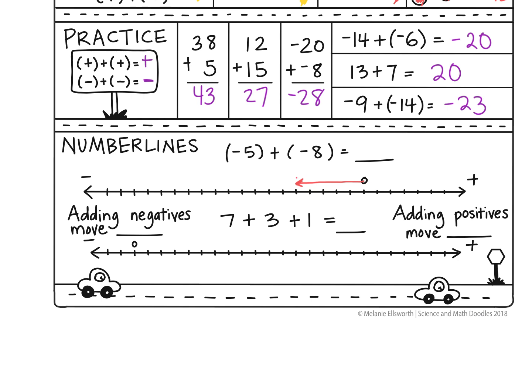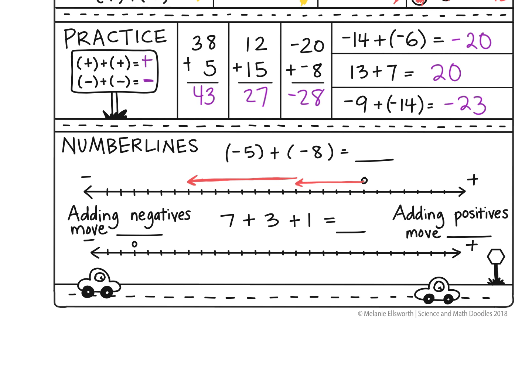Now, how do you think I'm going to show that I'm adding negative 8? I'm going to start here, and I'm going to draw another line moving left 8 places. So 1, 2, 3, 4, 5, 6, 7, 8. Now I will combine these two pieces together.